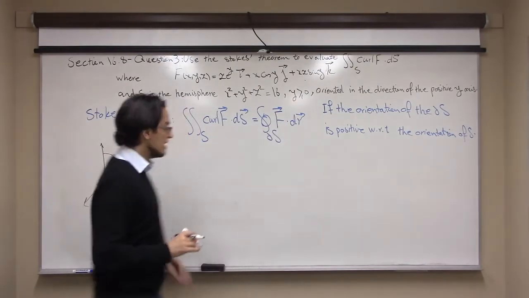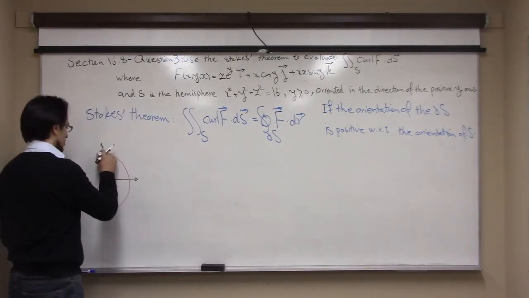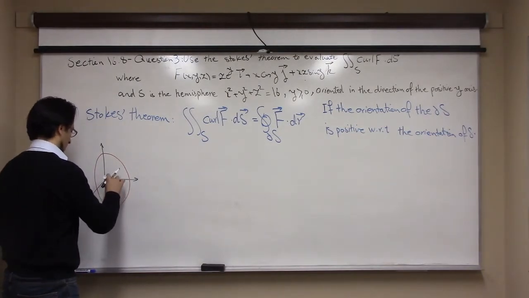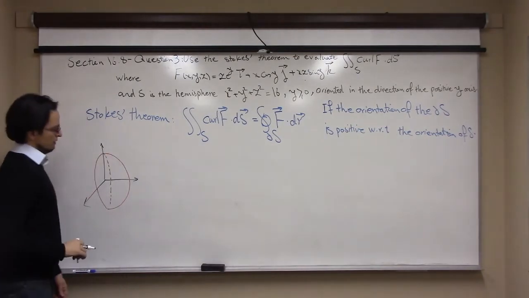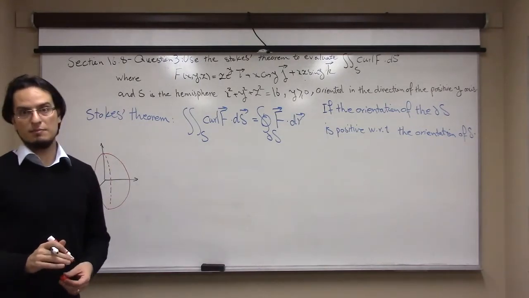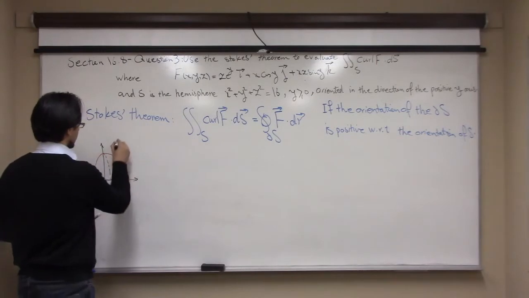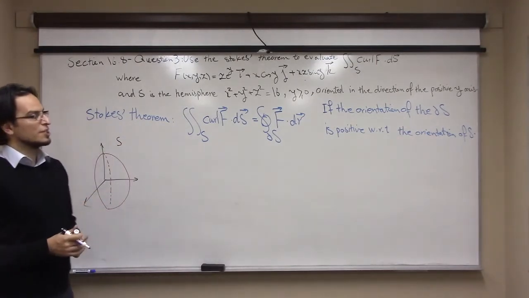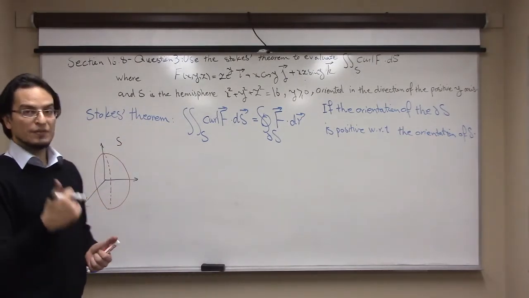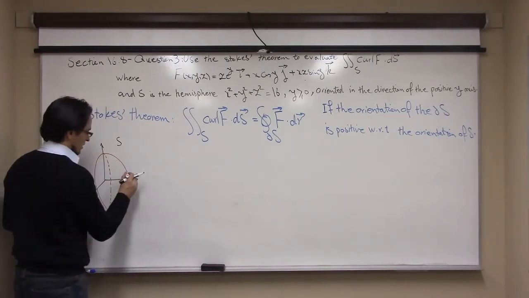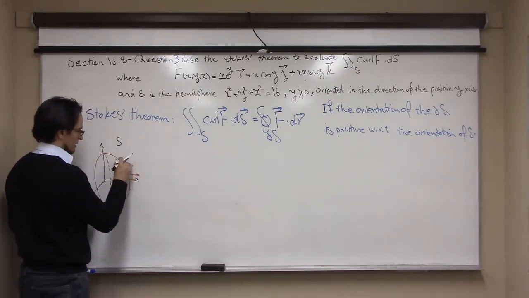But which half? The half for which I have positive y's. That's my hemisphere. Okay, that's my surface, S. And what is the orientation? The orientation of the surface is in the direction of the positive y-axis. So it is going to be of this form, like this.